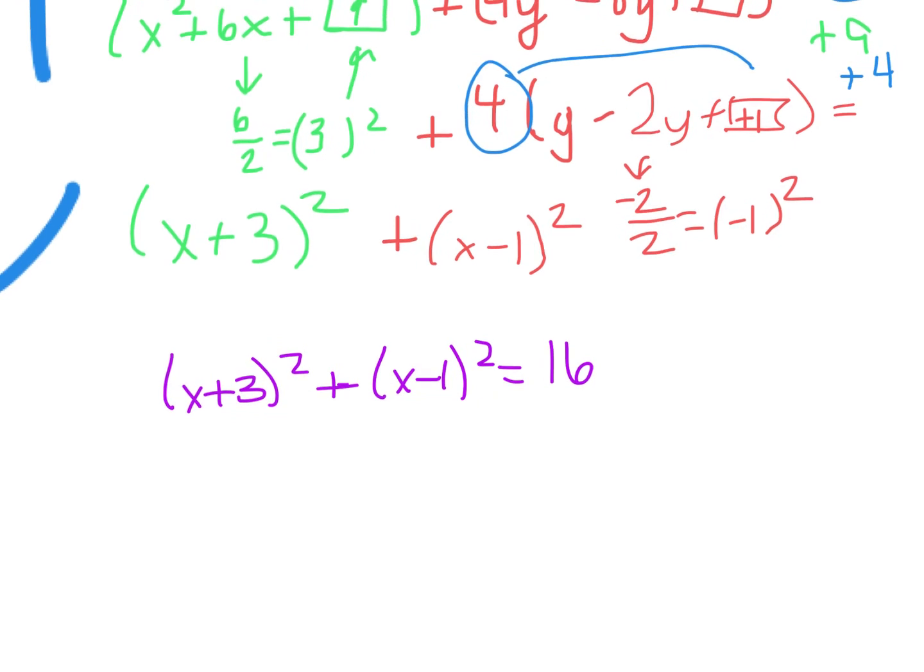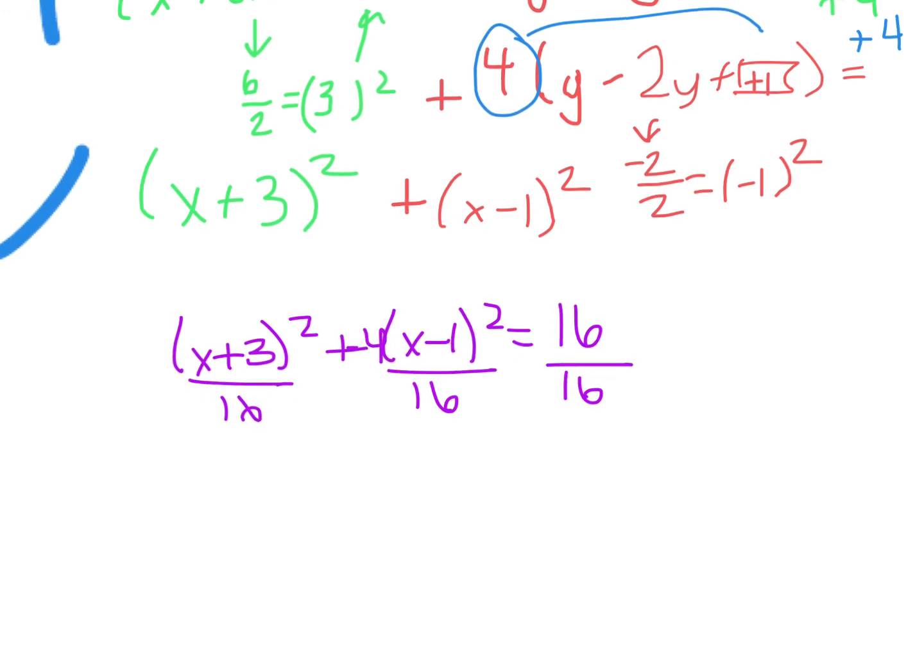So in order for this to be set equal to 1, I would have to divide everything by 16. So I have x plus 3 quantity squared over 16. I had my 4 out in front here. So 4 divided by 4, 4 goes into 4 once, 4 goes into 16 4 times. So this would be plus y minus 1. Why is that an x? This should be y.